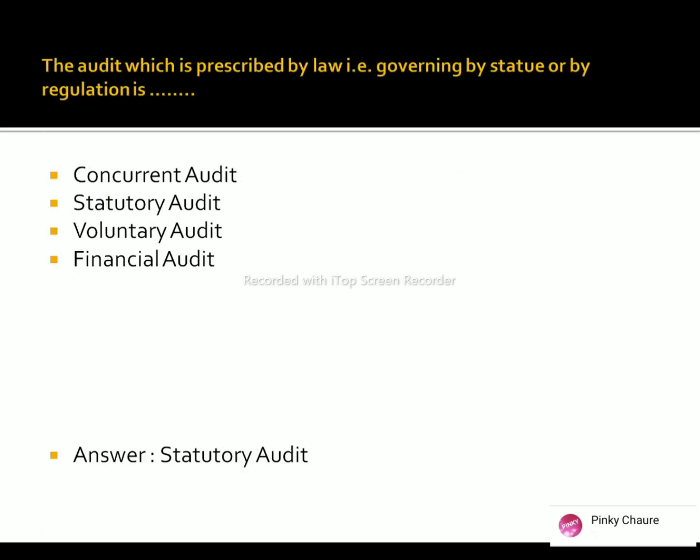The audit which is prescribed by law, that is governed by statute or by regulation, is dash. Option is concurrent audit, statutory audit, voluntary audit, financial audit. Answer is statutory audit.